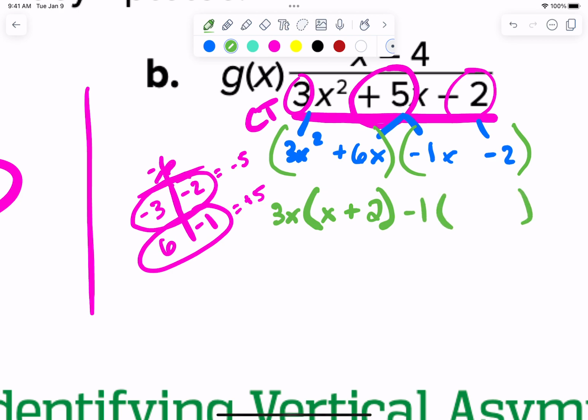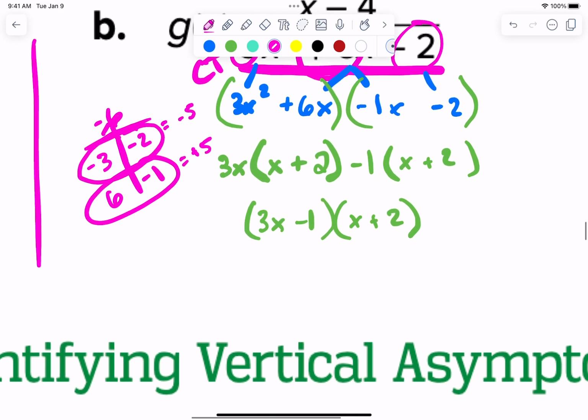Left over is x plus 2. So my two groups are 3x minus 1 and x plus 2. Okay, then what do I do? Set them equal to 0. Can you do that in your head? X equals 1/3 and x equals negative 2.